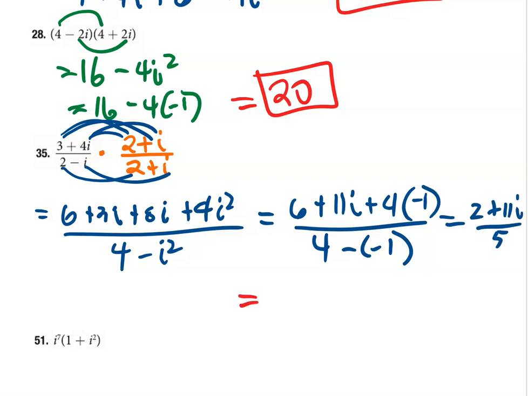If you write this in standard form, 2/5 is the real part and 11/5 i is the imaginary part.